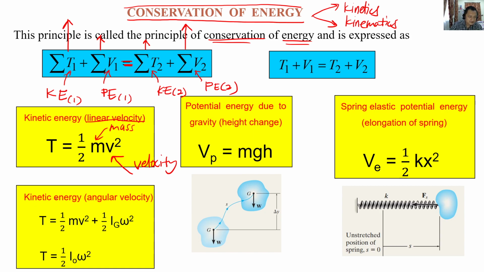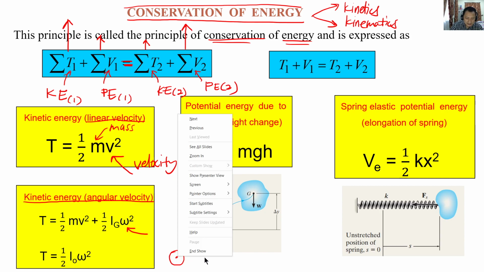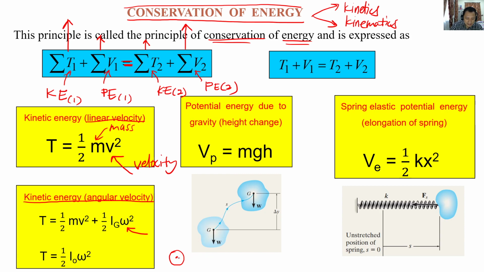However, if your object is traveling at an angular velocity, you have to take into account the angular part of it. For example, you have a rolling body, like a wheel, and this wheel is traveling linearly and also rolling.